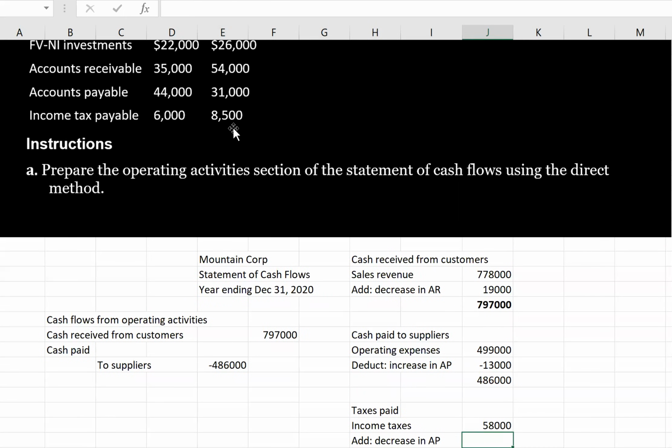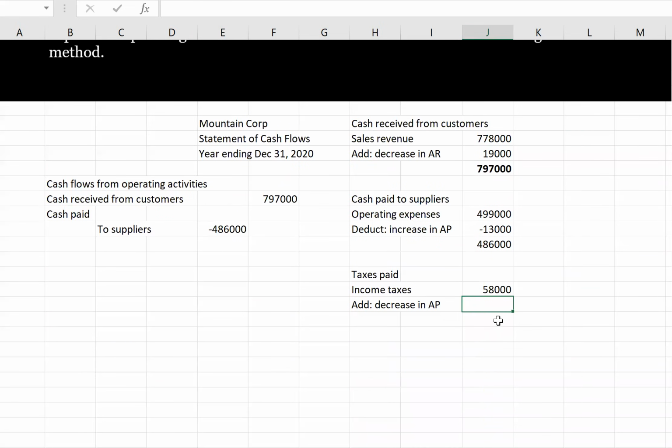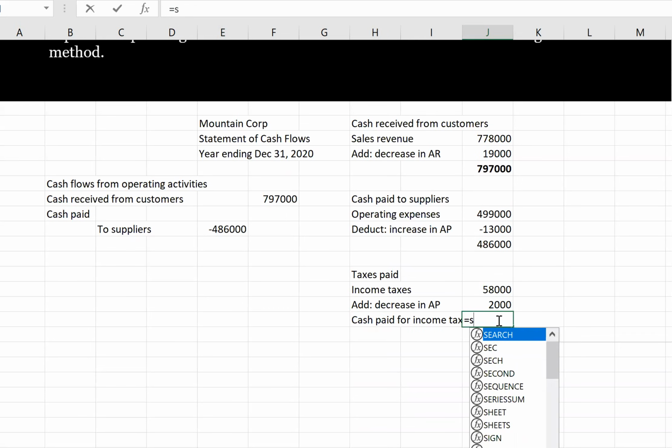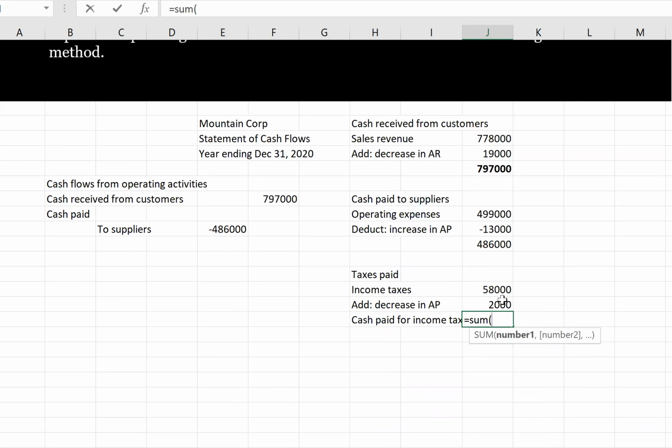Okay, so here we had 8,500 to 6,500. So it did decrease, and we're going to add that to our taxes paid. So our cash paid for income taxes is going to be the sum of these two.